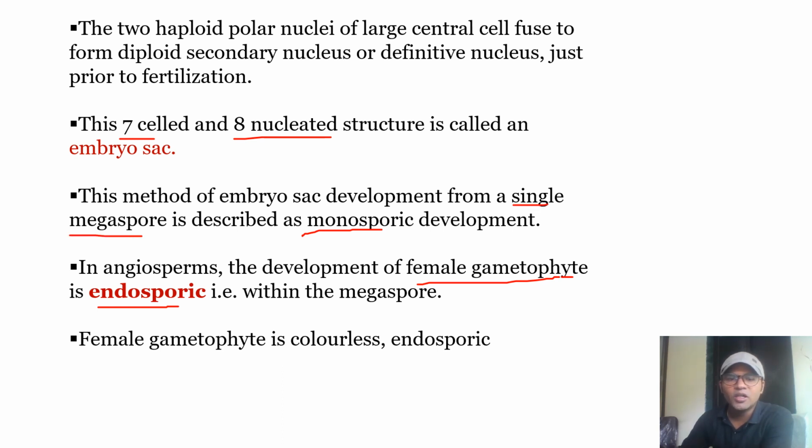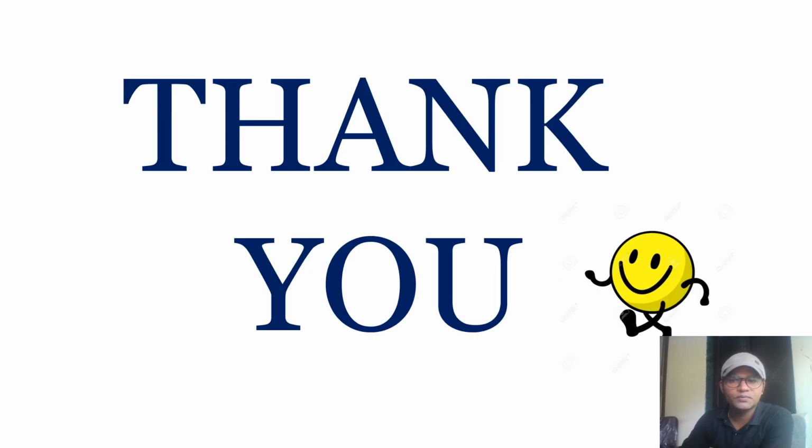That's why it is called monosporic. Okay, so you have studied how the female gametophyte is developed. Here the female gametophyte is colorless, endosporic and monosporic. Thanks.